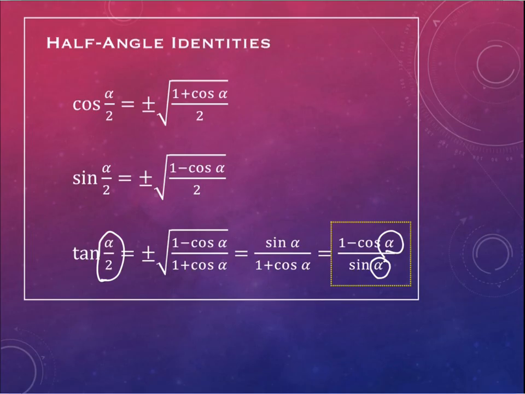So we have these versions at the bottom, which are tangent of alpha over 2, or theta over 2. We can pick which one we would like to work with. The one that's in my notes is the first one, but it's kind of messy because it's got a radical. I think we can use any of them just fine. So do you want to use the first one with the radical and make a mess, or do you want to try one of the others?